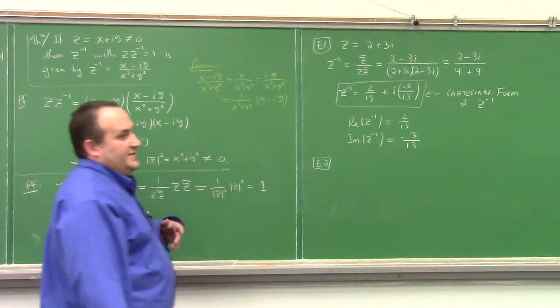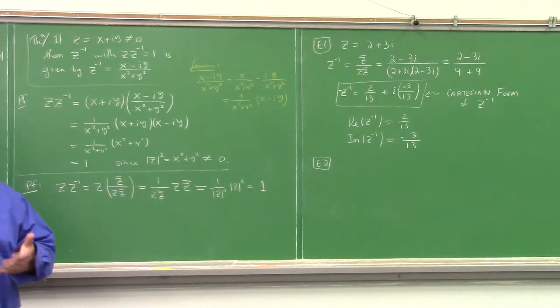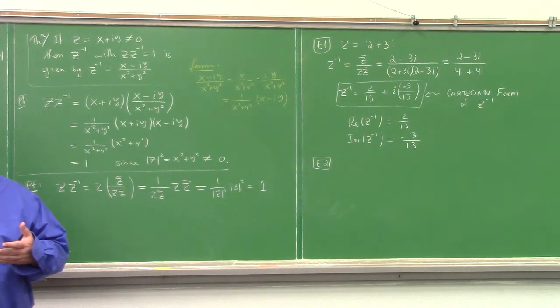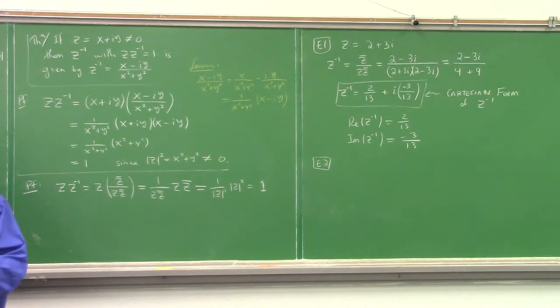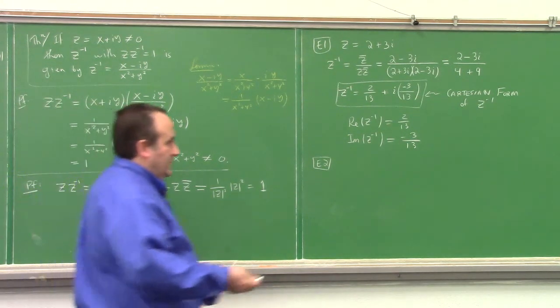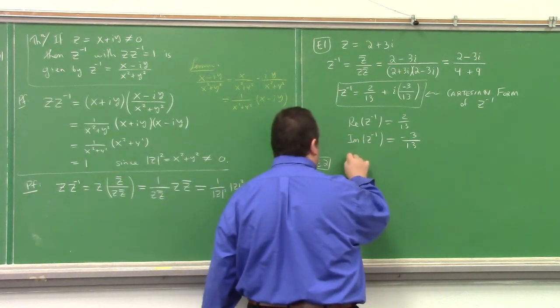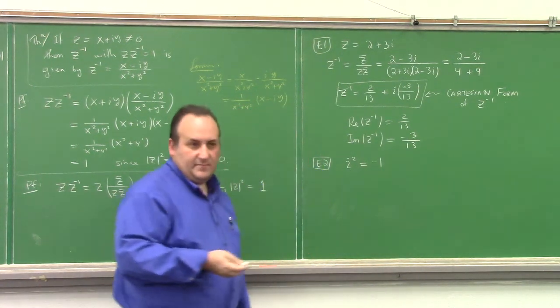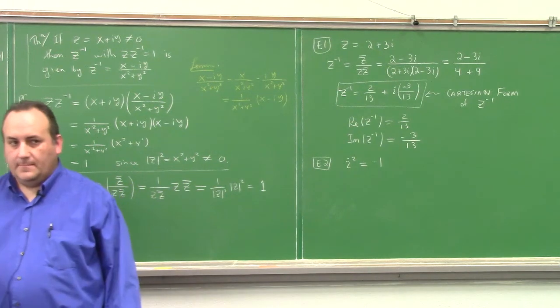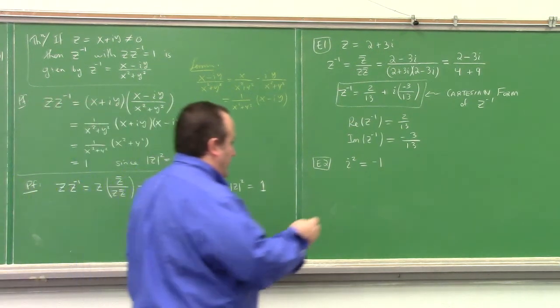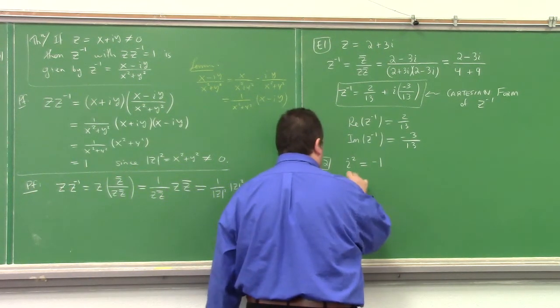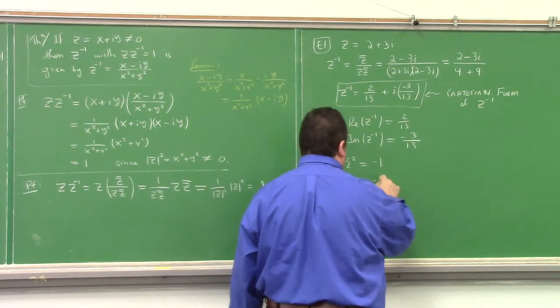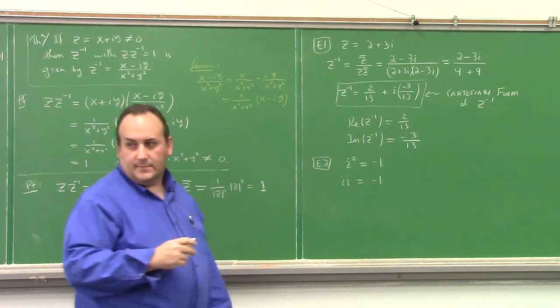Of course, you don't have to make it complicated. Once we know that the inverse exists, you can also just calculate reciprocals using a common sense approach. For example, i squared is minus 1, right? By definition, i squared is minus 1. So that means that i times i is minus 1. So what does this mean?